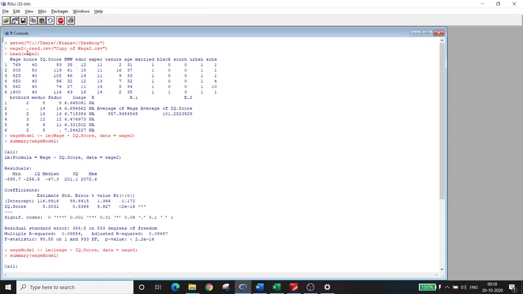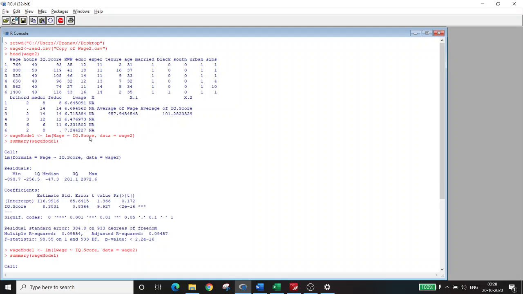So wage2 I have given as a name. So wage2 is read.csv, and this is the file that I have saved on my desktop. Head gives you the initial six rows of your entire data. So this gives me the initial six observations on all the variables.